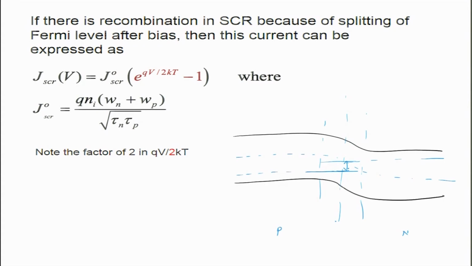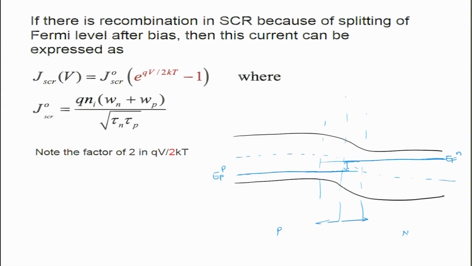So, within this also you have a change, since the Fermi levels are now split. So, this is EFP and this is EFN. Because of this split of the Fermi level within the space charge region, remember this is also P type, right, although it is a depletion region, it is a P type semiconductor, and this is N type semiconductor.